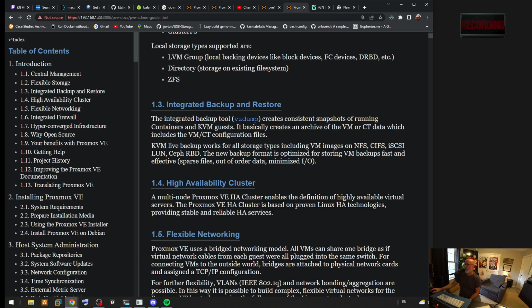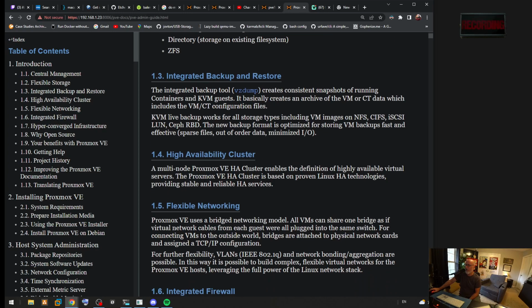It basically creates an archive of the VM or CT data, which includes the VM CT configuration files. Wow. KVM Live Backup works for all storage types, including VM images on NFS, CIFS, iSCSI LUN, Ceph RBD. The new backup format is optimized for storing VM backups fast and effectively. Sparse files, out of order data, minimizing I/O.